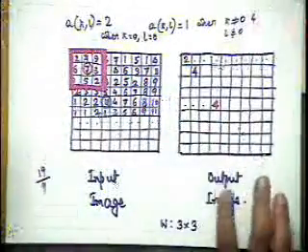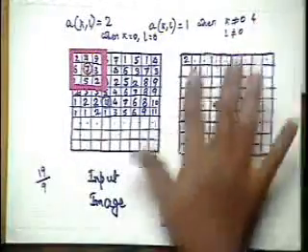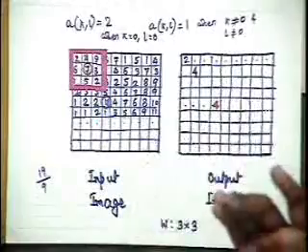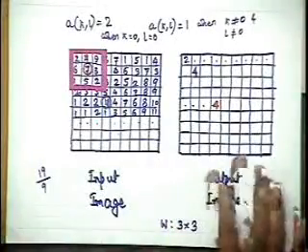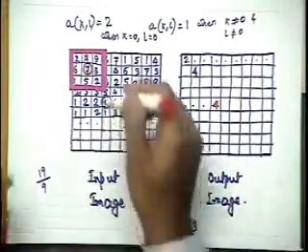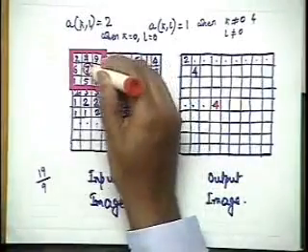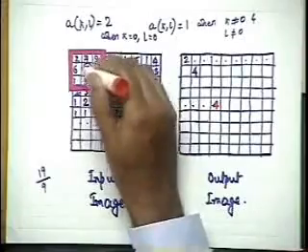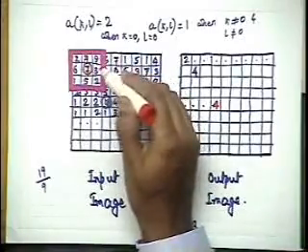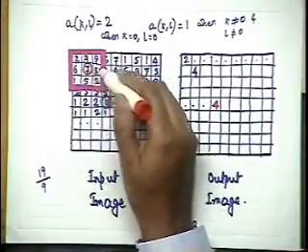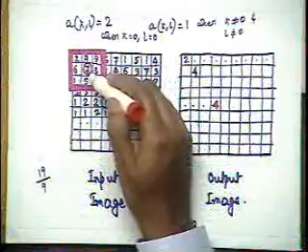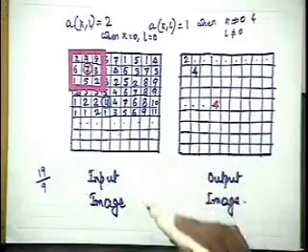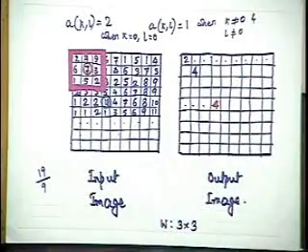If I position this window over this circled pixel which has a value equal to 7, what is going to be the median filtered output? The median filtered output is going to be 4. In this case, luckily the median filtered value and the spatial average value are the same, but in general it will not be so. So median filtering is also good for noise removal.